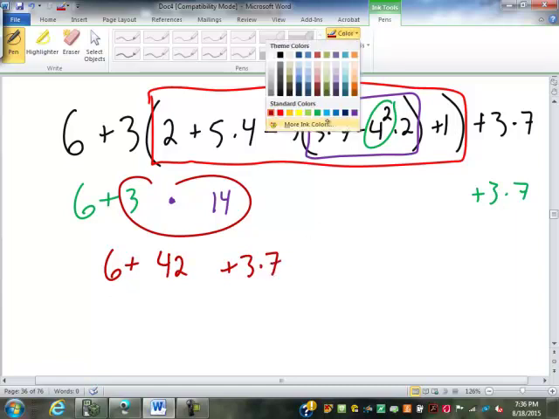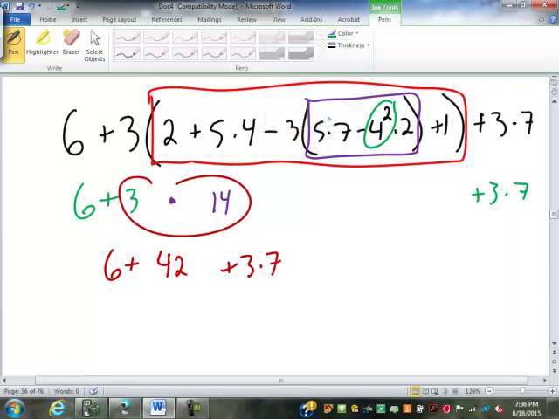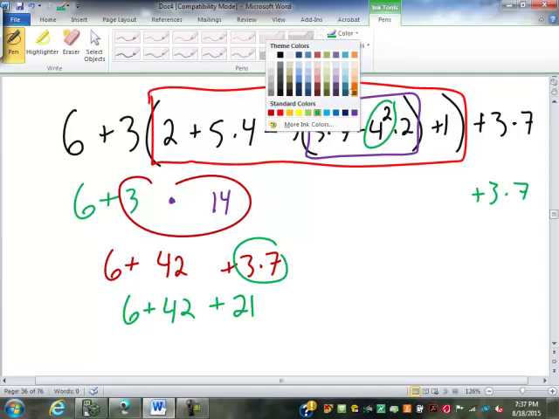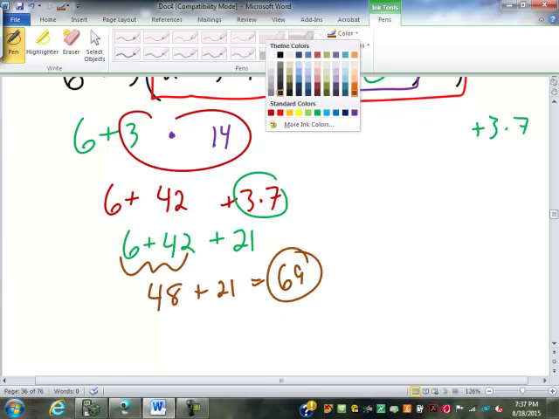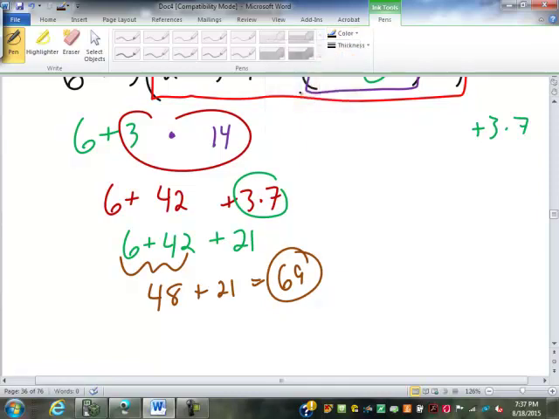And then 3 times 7 is 21. And then add left to right. 6 plus 42 is 48. Plus 21 is 69. How many people got that? Good. Anybody not sure where they went wrong?